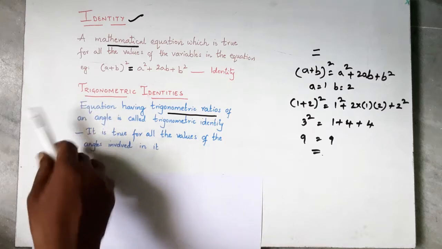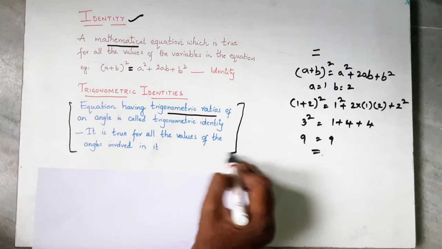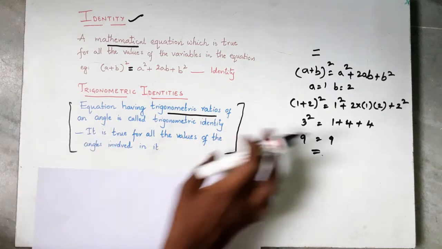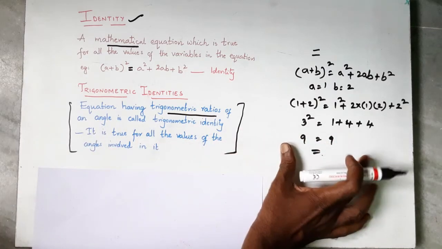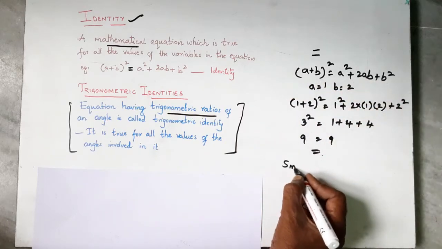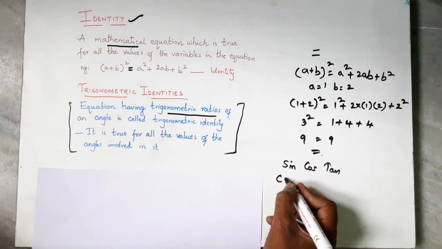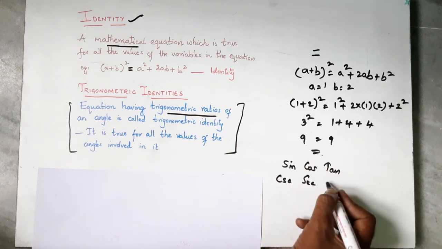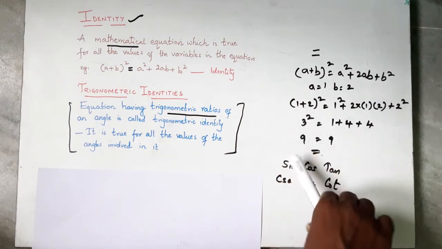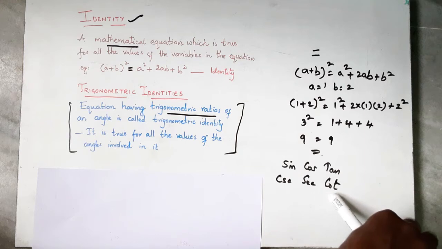So how are we going to get trigonometric identities using this type of formula? Here this is a mathematical equation, so using sine, cos, tan, cosec, sec and cot, using these trigonometric ratios, we are going to form a trigonometric identity.